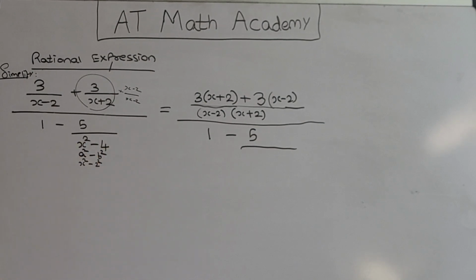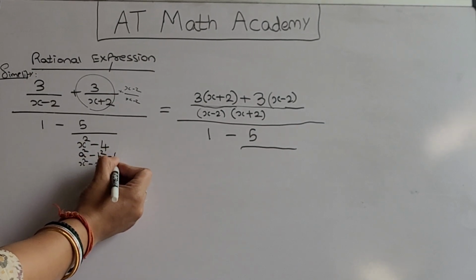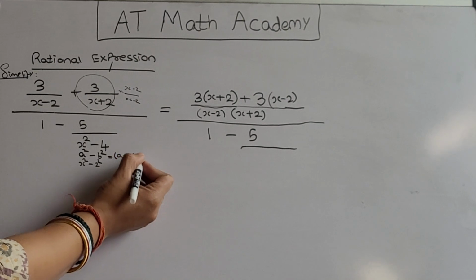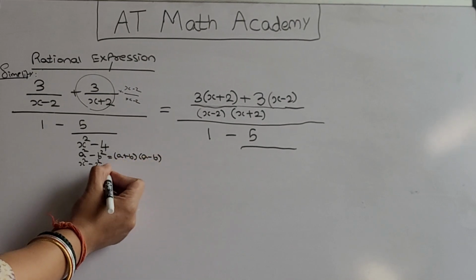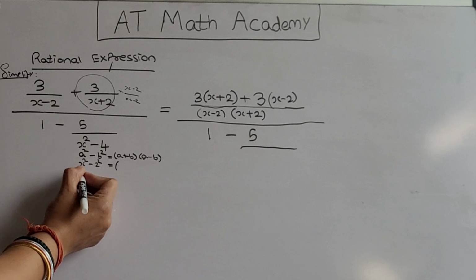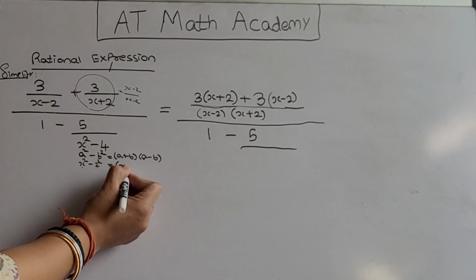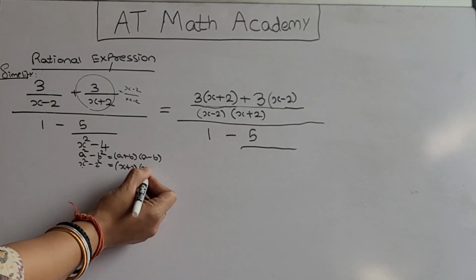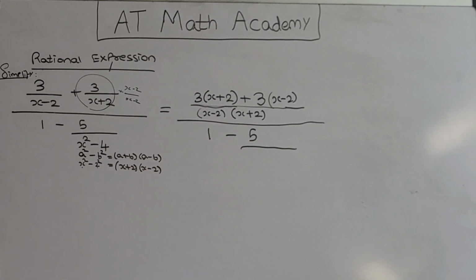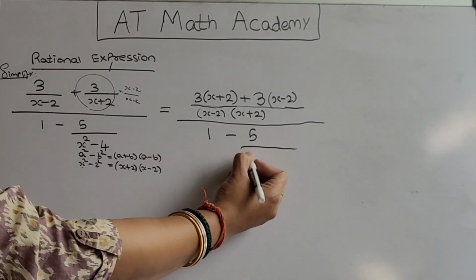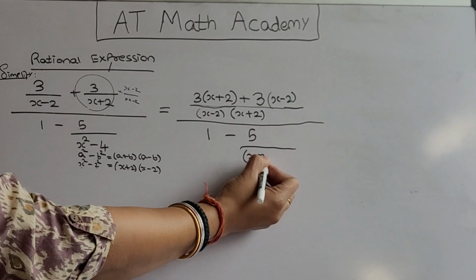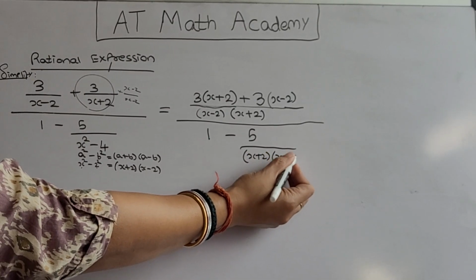A square minus b square is a plus b into a minus b. Here my a value is x and b value is 2, so I can rewrite this as x plus 2 into x minus 2. I'm writing it here, x plus 2 into x minus 2.